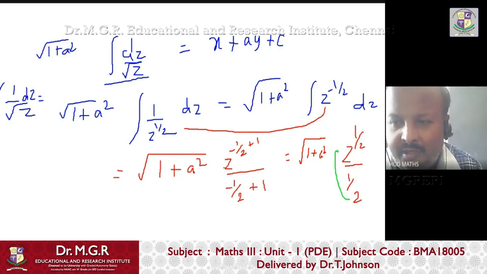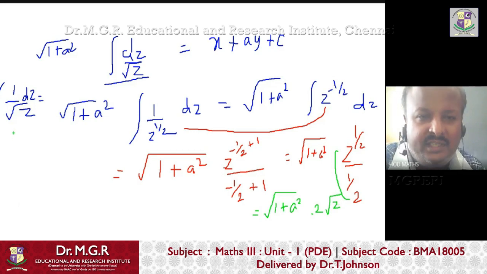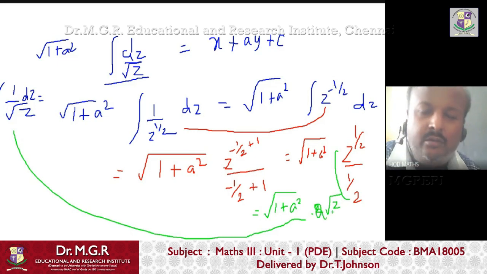This comes to the numerator. So this can be written as square root of 1 plus a square into 2 times root z. So integral of 1 by root z is nothing but 2 root z.